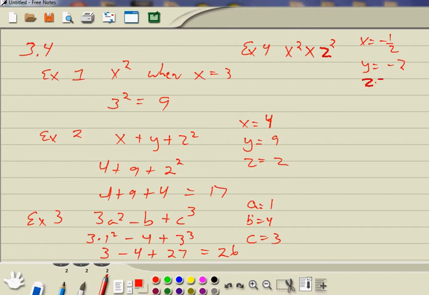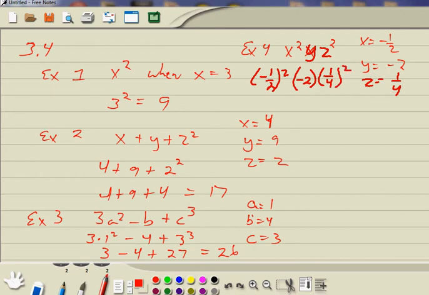Okay, and z equals 1/4. I plug in, so it's a negative 1/2 squared times y, which is a negative 2, and z squared, which is 1/4 squared.